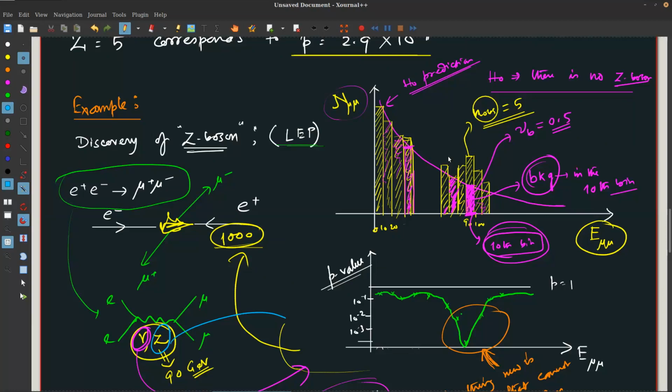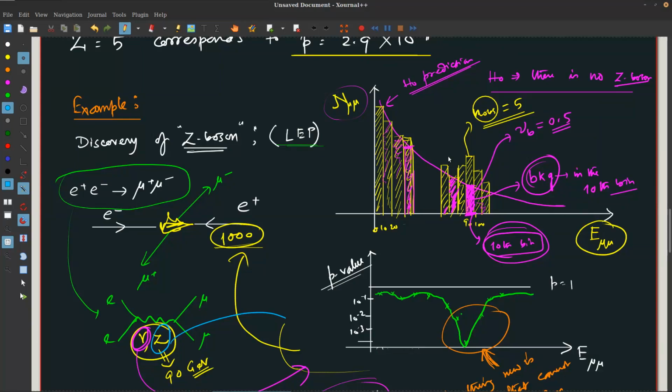Since you are also including those bins where data more or less agree with the hypothesis, the global significance is a bit less, and you will always have the global significance somewhat less than the local significance.